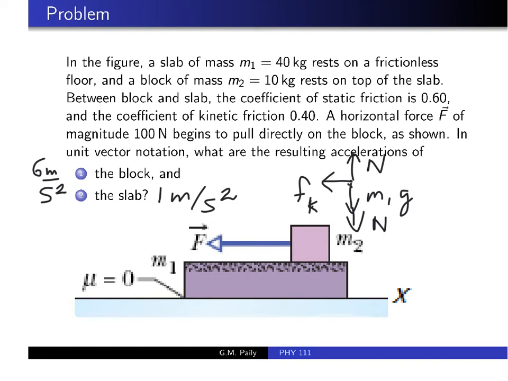Basically, what is happening is this force accelerates the block to the left, and the kinetic friction between the block and the slab drags along the slab. However, the kinetic frictional force is not strong enough, and so the slab is dragged along at a slower rate compared to the block. Eventually, this block will accelerate past and off the slab.